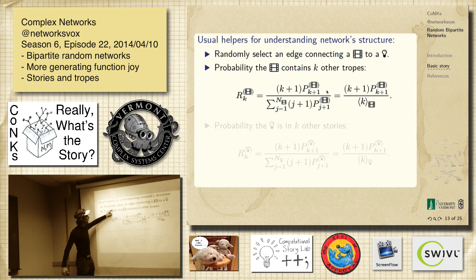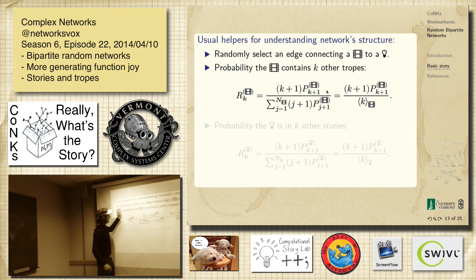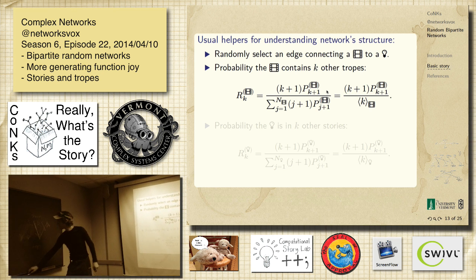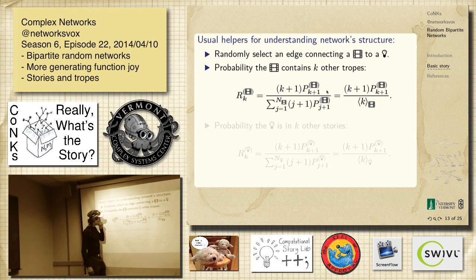All right, so we're going to pick one of these edges. So this edge here. So here's the probability that the story, so we're going to run along here, contains k other tropes. That's being pointed to by k other tropes, or connected to k other tropes. And we want the same here. What's the probability that this trope is part of k other stories? So it looks like r_k that we had before. So it's the same kind of thing. We're going up towards the stories.